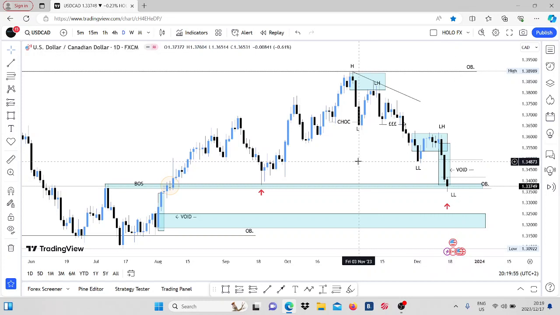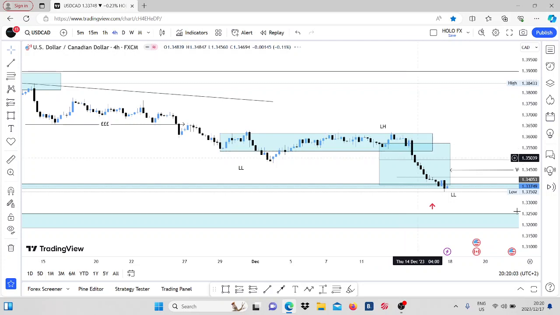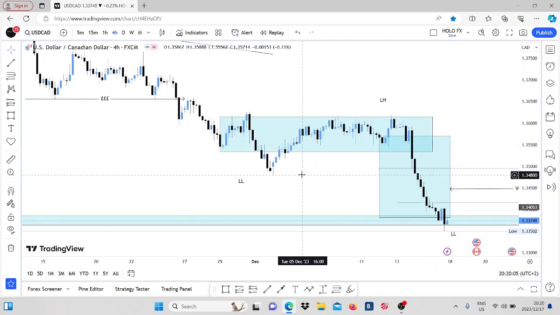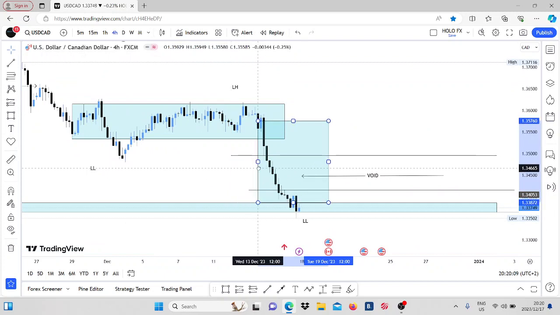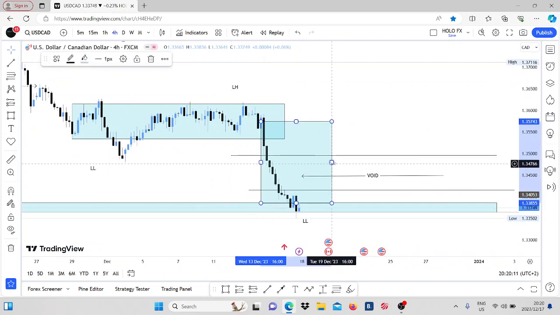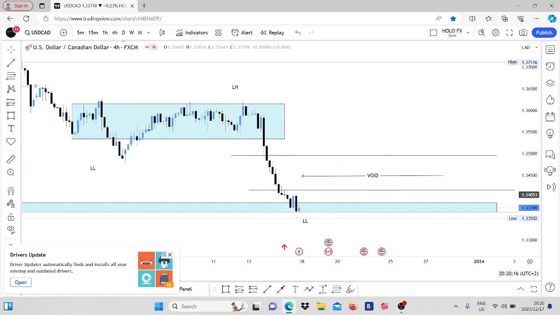So let's drop down to a 4-hour chart to get a clear picture of where we are going. Mind you, this is for that liquidity void that I was talking about. Let me just delete this because we know what we were talking about.